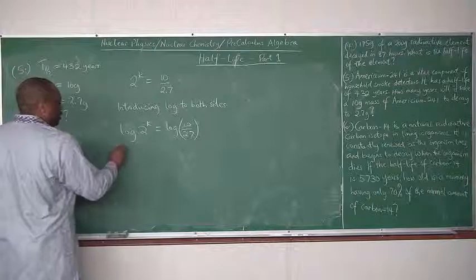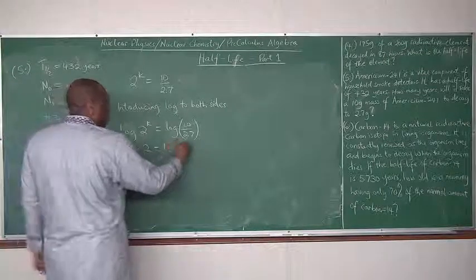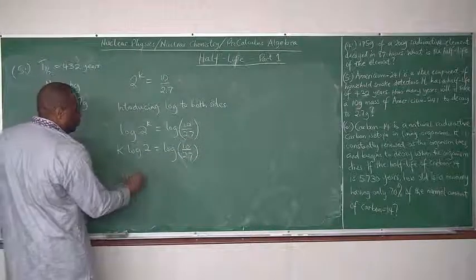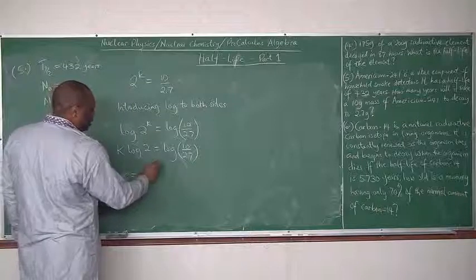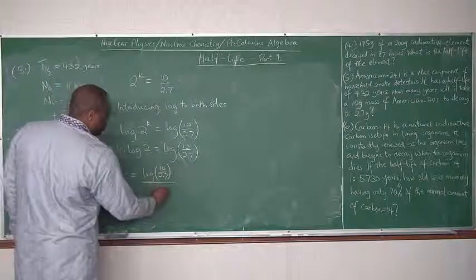Now this is k log 2 equals log of 10 over 2.7. That means that k will be log of 10 over 2.7 all over log 2.